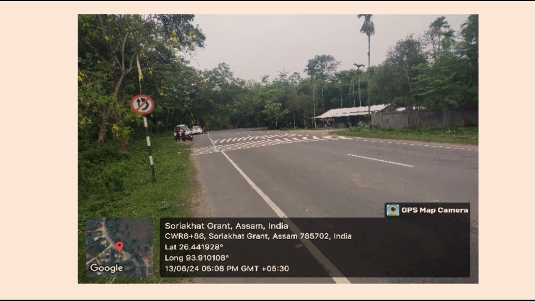You have this sign. What is that sign? No overtaking. So, any drawback with this? They had the small rumble strip, everything properly painted.